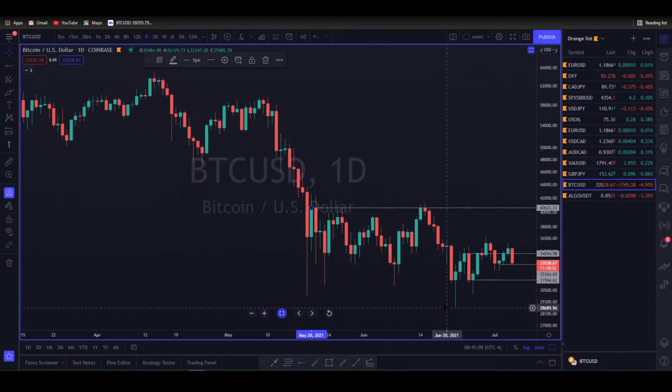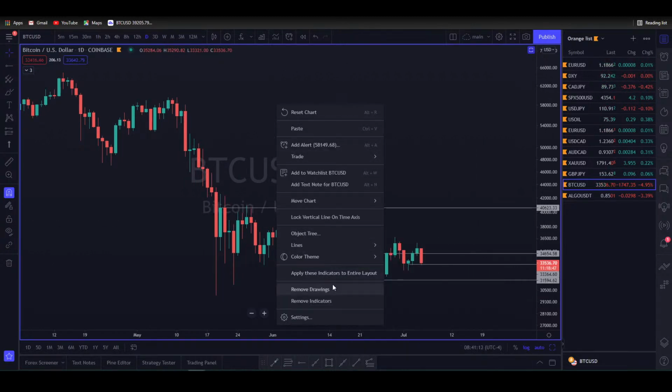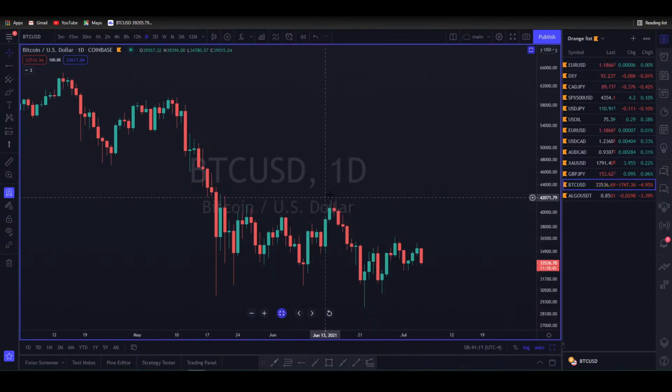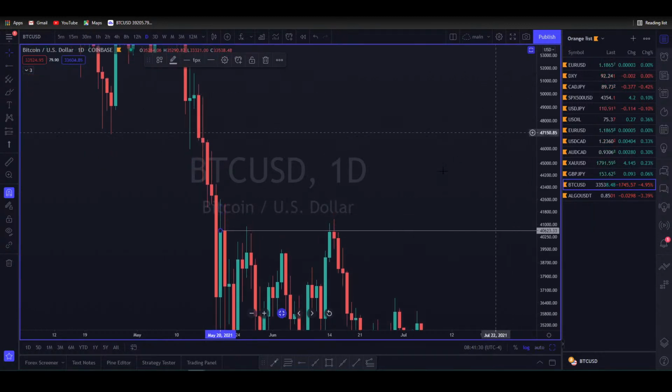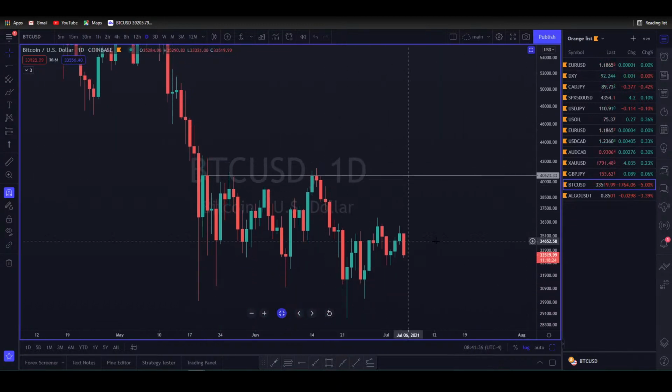If you take a simple fib retracement from here, and the reason I'm taking a fib retracement from here is because this is your resistance test. There. This is a resistance test. Look at that close, guys. Look at this close. You'll learn something here.